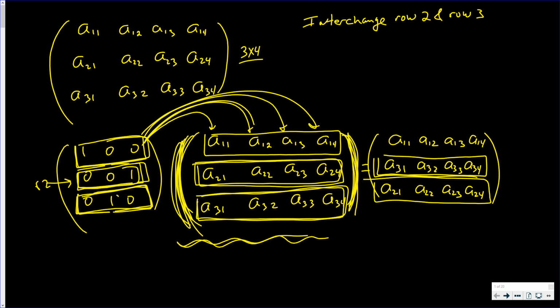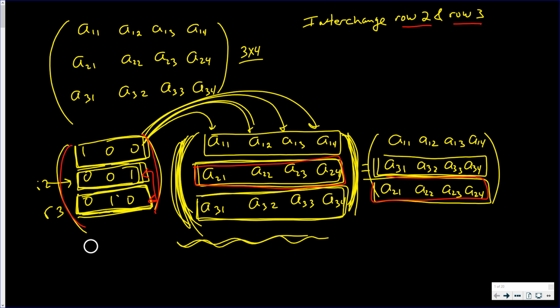If you had a bigger matrix and you wanted to interchange row 5 and row 9, start off with the appropriate identity matrix and interchange row 5 and row 9, and everything will be fine.